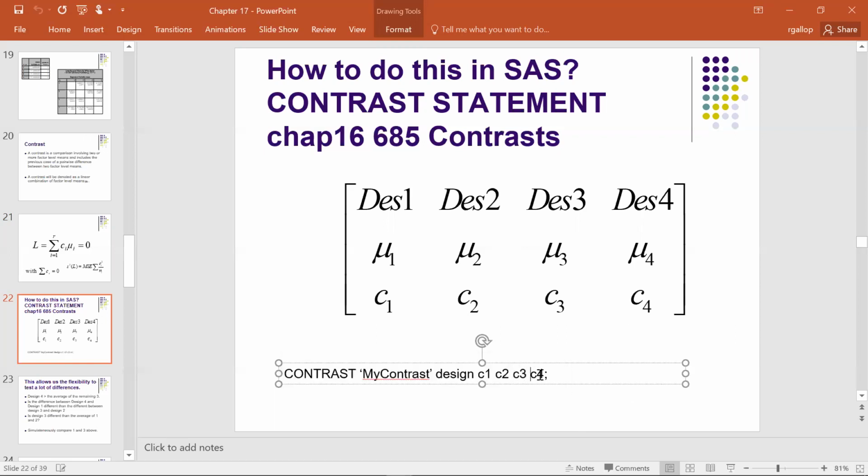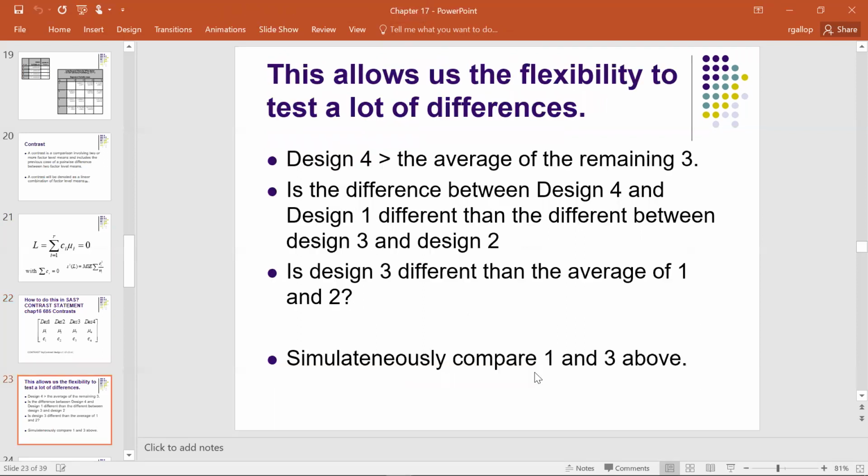And the fourth number, the coefficient for design 4. That is the formal layout of a linear contrast. Now remember, this is a legitimate contrast when those coefficients sum to 0. If they don't sum to 0, it's not a legitimate contrast. So cool, we got that out.